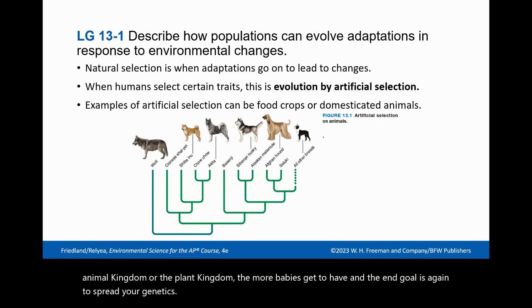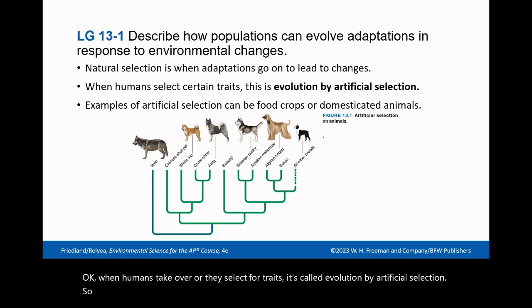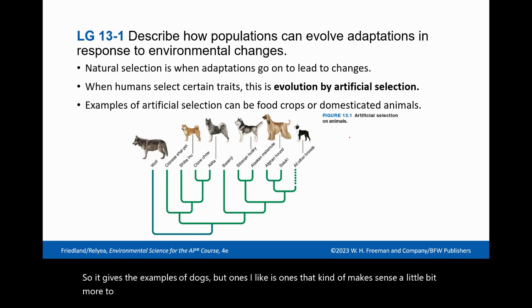Okay. When humans take over or select for traits, it's called evolution by artificial selection. So, artificial selection is when we are choosing the traits that we want. It gives the example of dogs, but the ones I like are ones that make a little more sense to me. If I am a cattle farmer, I am going to want to get the two fattest cows and breed them together to get hopefully an even bigger cow.